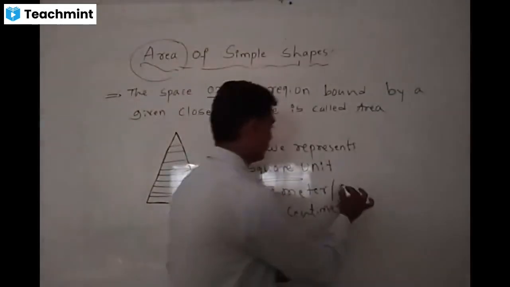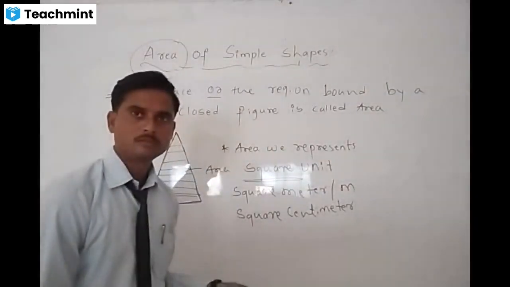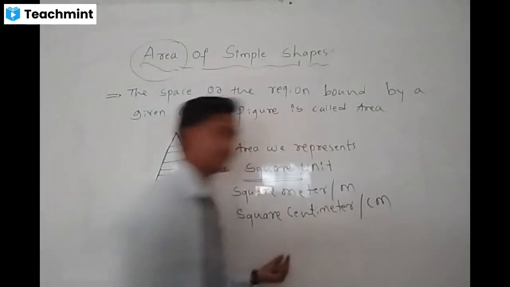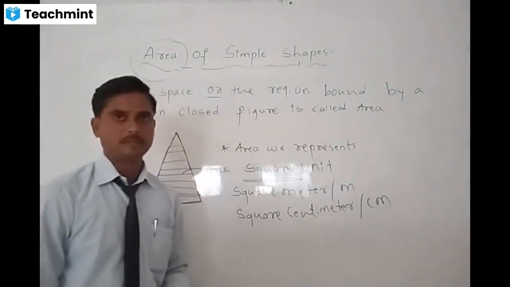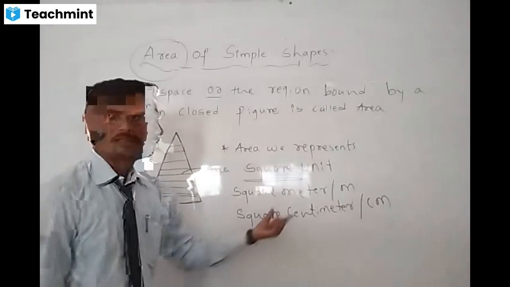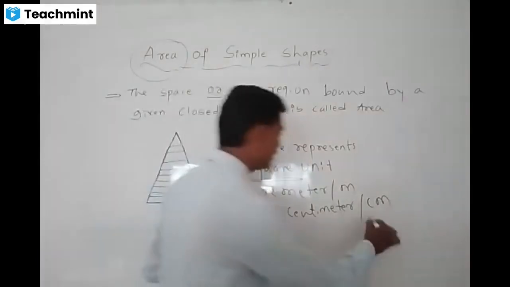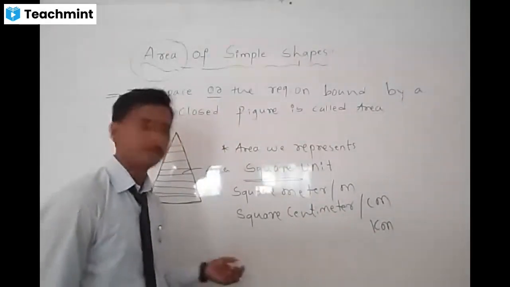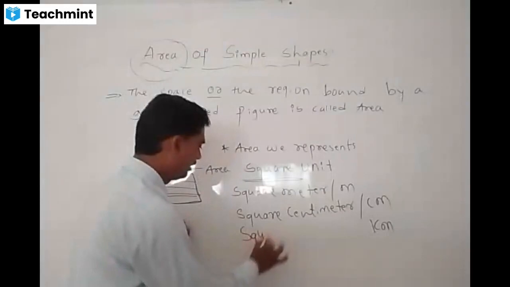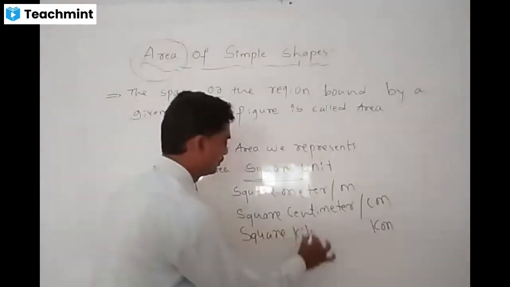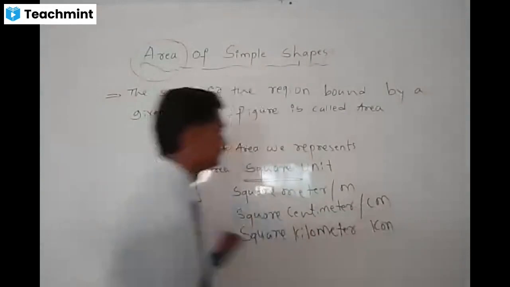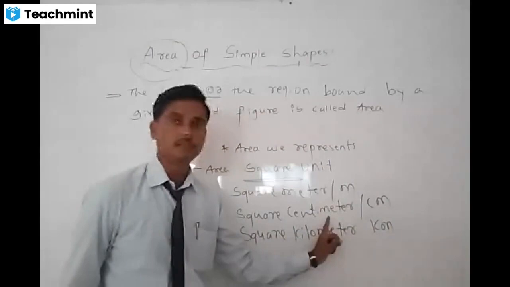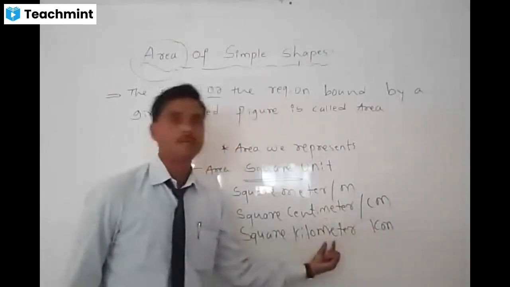For example, this is meter and this is centimeter. What is km? km means kilometer, so square kilometer. m means meter, cm means centimeter, km means kilometer.